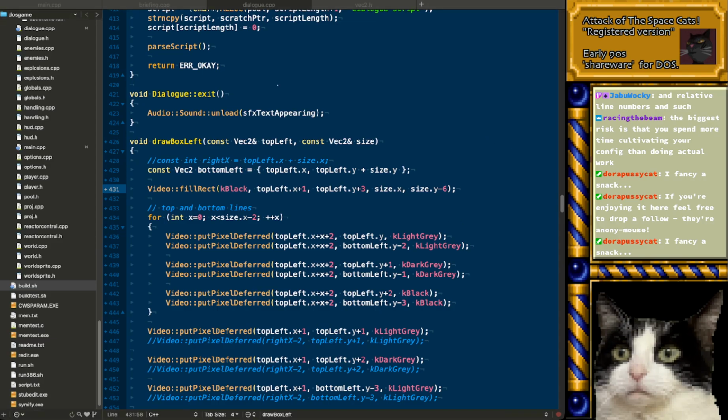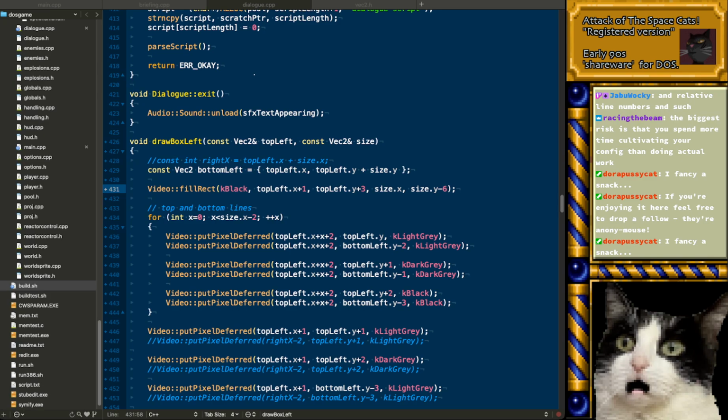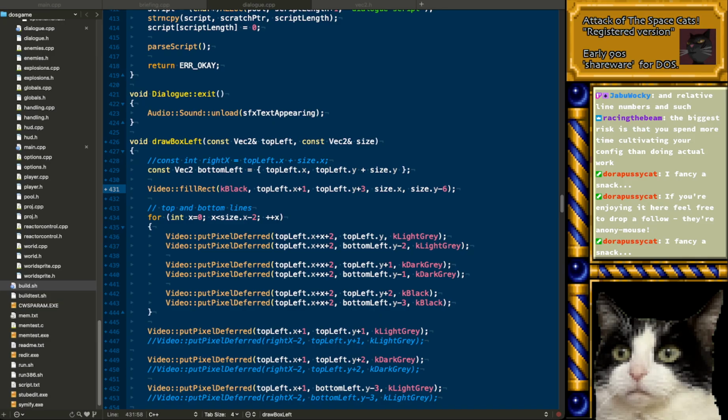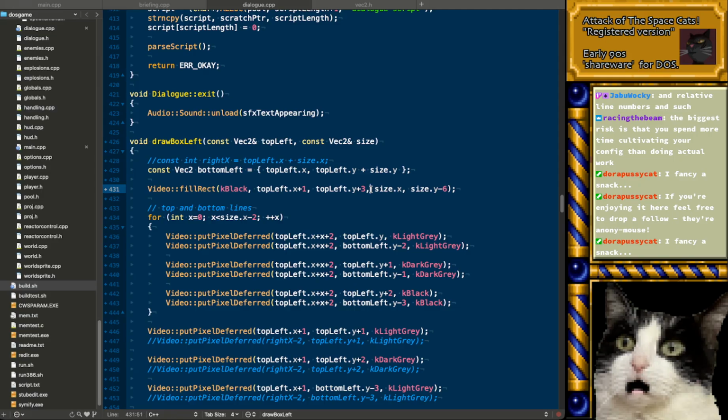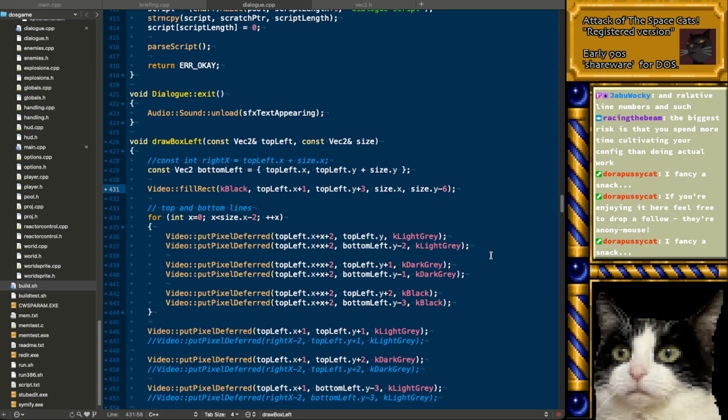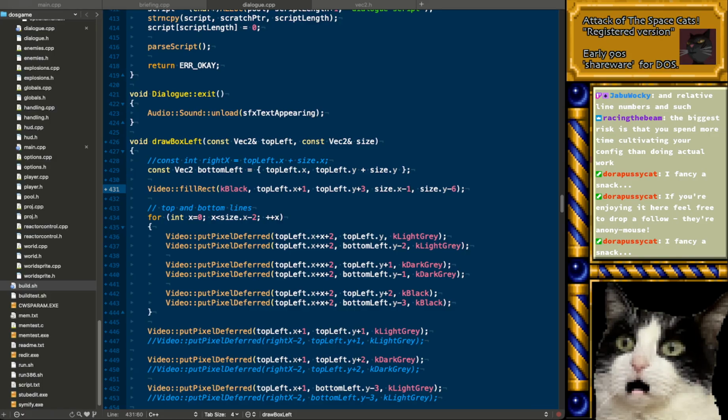Oh god, right. We're only drawing 3 columns, so that box can only be 2 columns wide. Size X. Size is 3, so that should be size X minus 1. Why isn't it? Very strange.